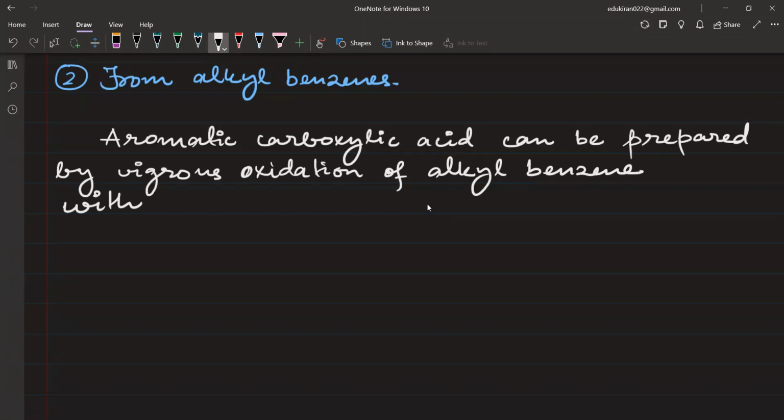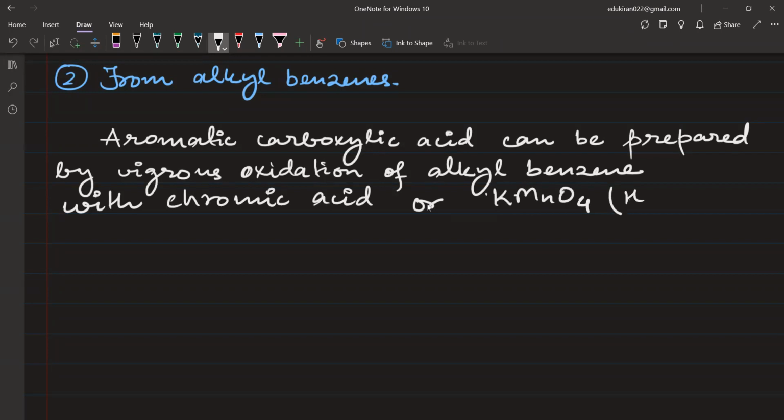So please write: vigorous oxidation of alkyl benzene with chromic acid or KMnO4. Now, KMnO4 can be in the presence of H plus or OH negative, acidic or alkaline.